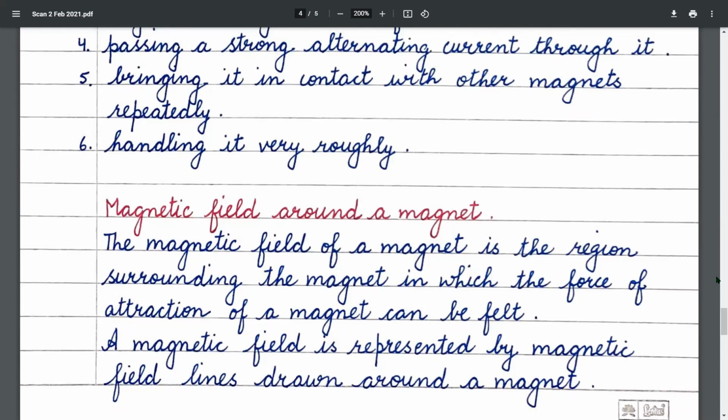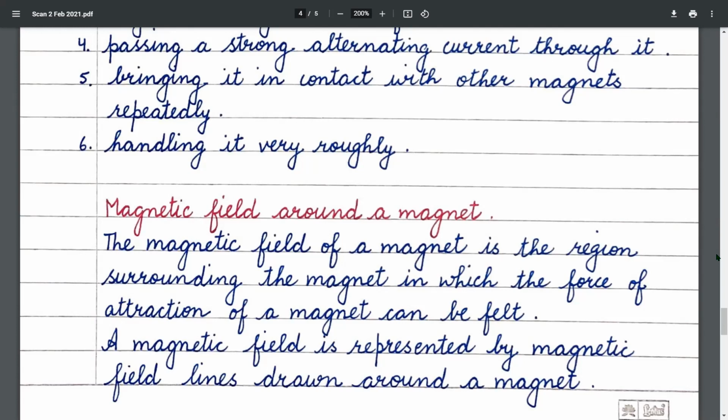Now, the next topic is magnetic field around a magnet. The magnetic field of a magnet is the region surrounding the magnet in which the force of attraction of a magnet can be felt. Again, what is magnetic field?